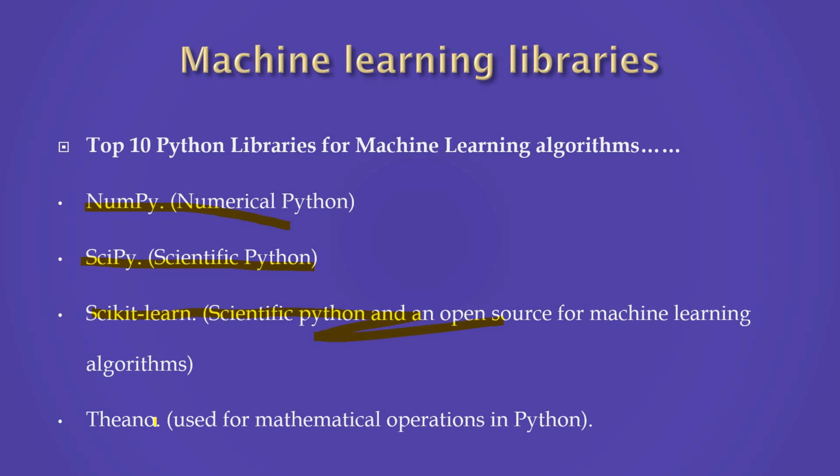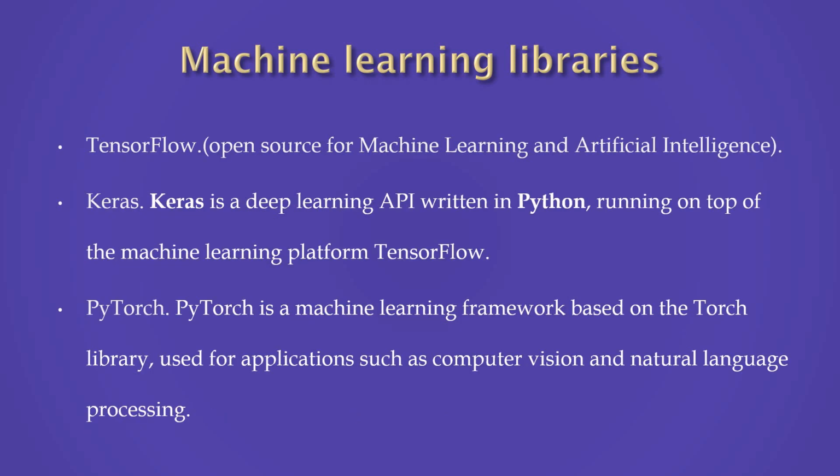The next one is Theano, used for mathematical operations in Python. Next is TensorFlow, which is open source for machine learning and artificial intelligence, and Keras, a deep learning application programming interface running on top of the machine learning platform. PyTorch is a framework based on the Torch library, used for NLP, natural language processing, and computer vision.